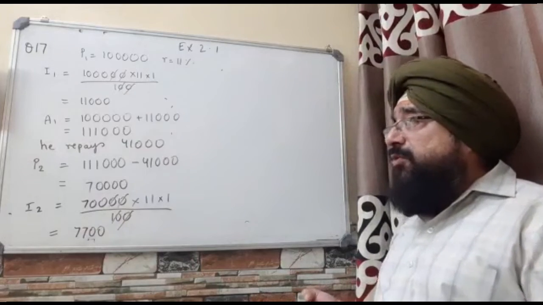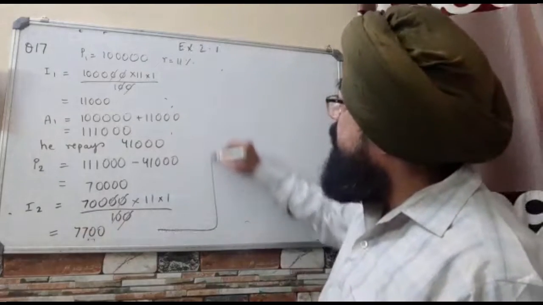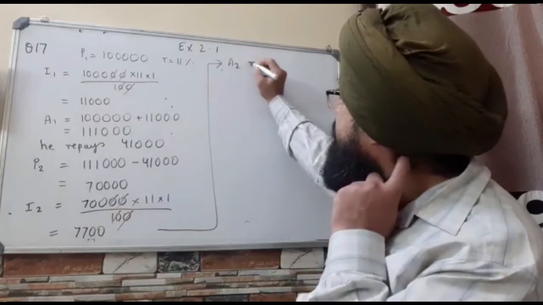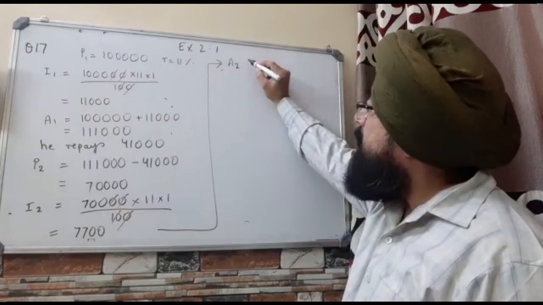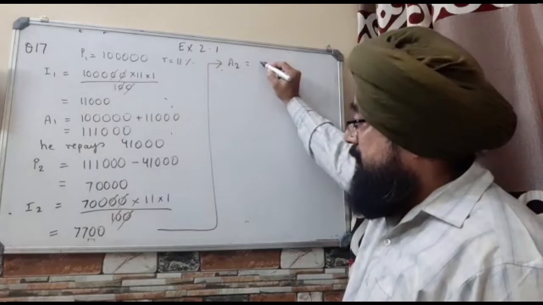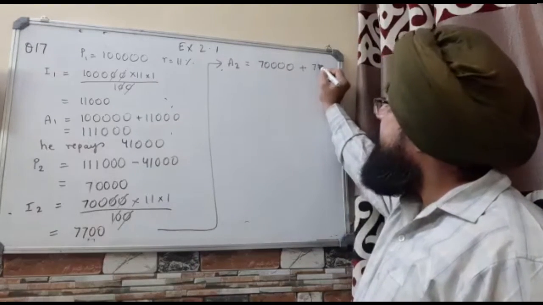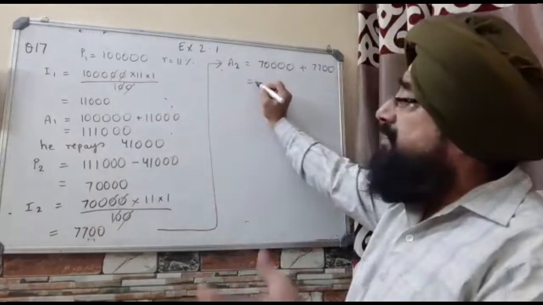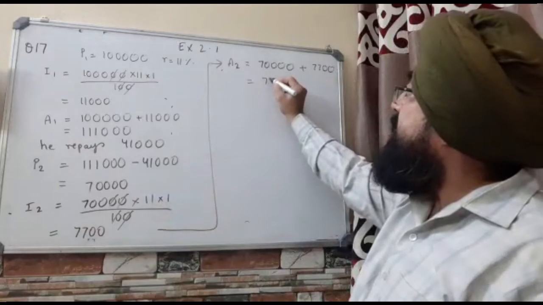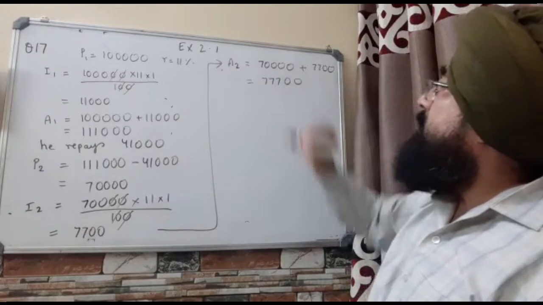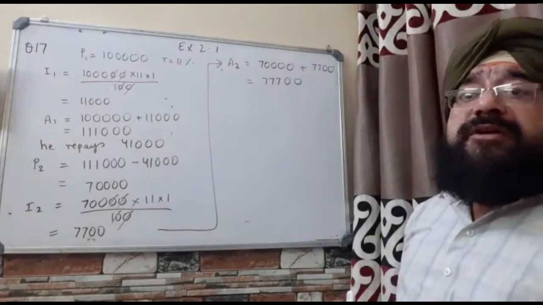This much is interest due on him, and therefore this is going to give you the amount at the end of the second year, that is equal to I2 plus P2. P2, which is 70,000, plus 7,700. Some kind of a magic is happening here. See, it was 111,000, now it is 77,700.